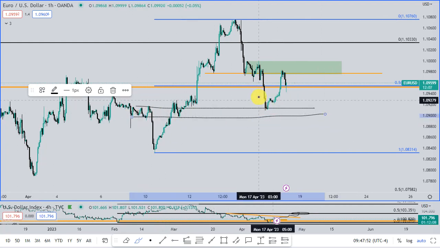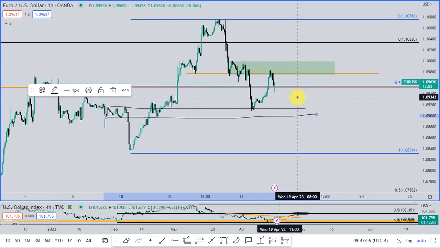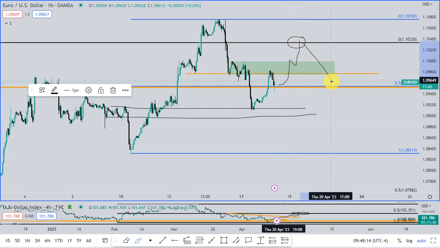So it came to this level and pumped up, and if this equilibrium holds and doesn't let the price go below that, maybe euro dollar will go higher, take this liquidity, and after that go to this level. And we will see how it reacts to this level. Either it pumps higher or will come lower.